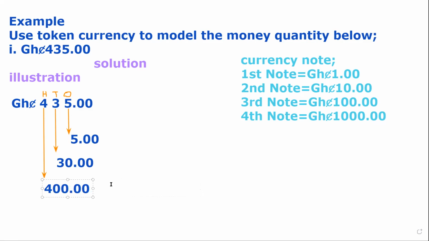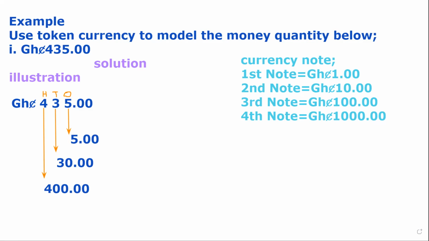Now, after you have allocated the real values, we are going to apportion our notes to this amount. When you take the 5 Ghana cedi, you think about the note that will be most approximate to 5 Ghana cedi. And you know that the 1 cedi is much closer to 5 Ghana cedi than the 10 Ghana cedi.